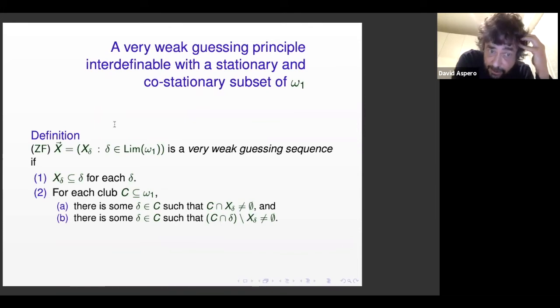Of course, if instead you had a diamond sequence, it would trivially have this property: any set will be guessed somewhere, and the complement of that set will also be guessed somewhere.